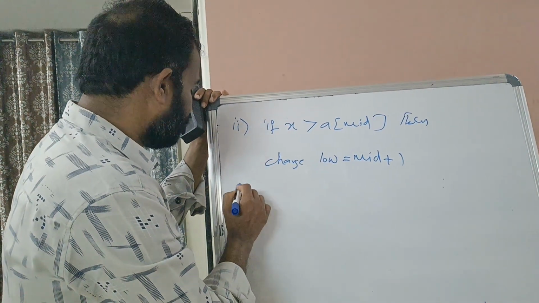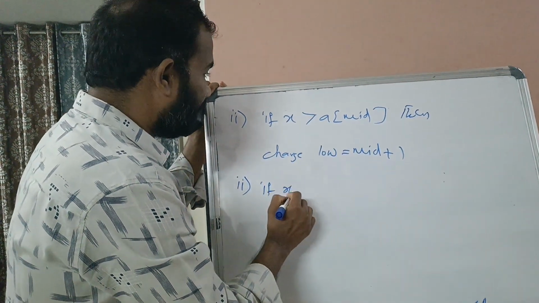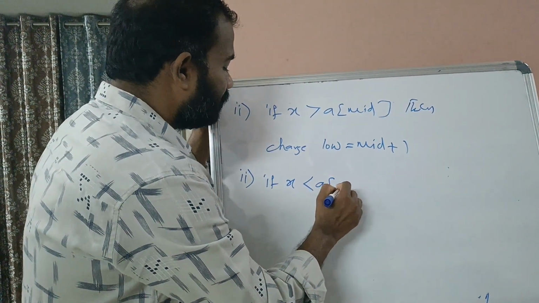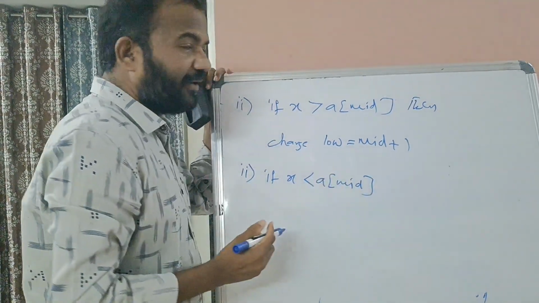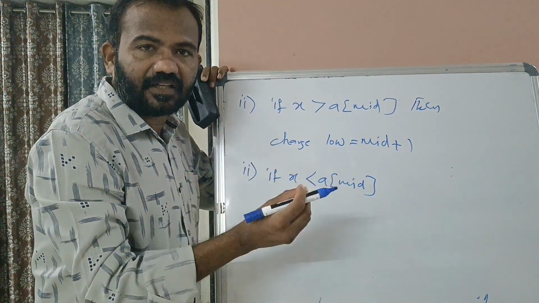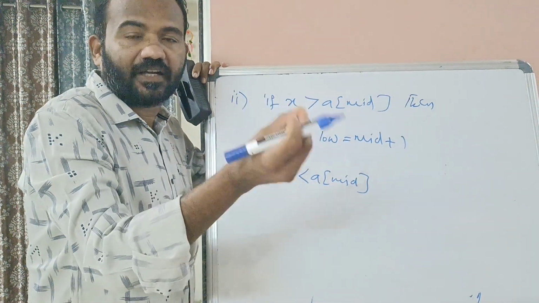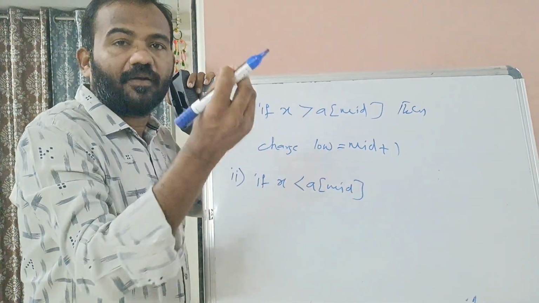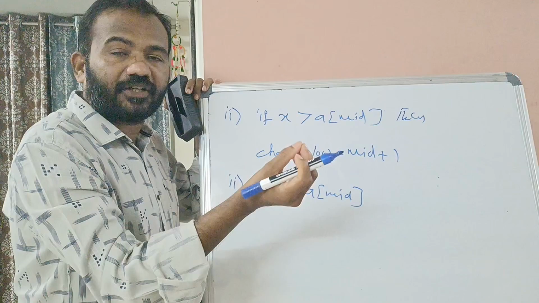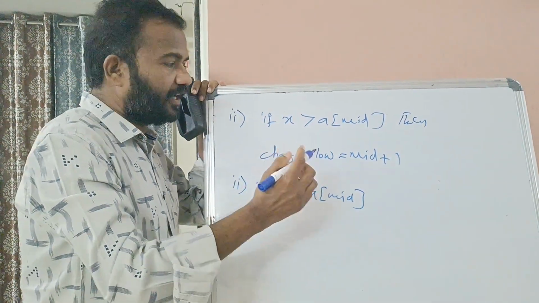Suppose x is less than a of mid. What is the meaning of that? The search element is less than the middle element, so we need to do the comparison only on the left side of the array.